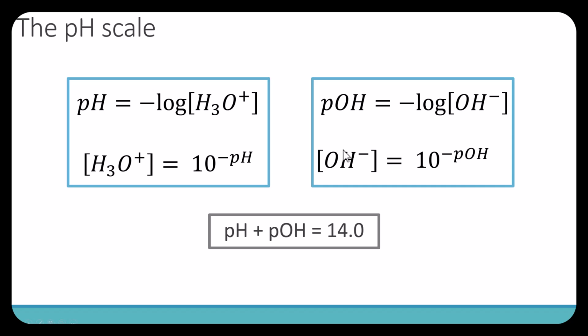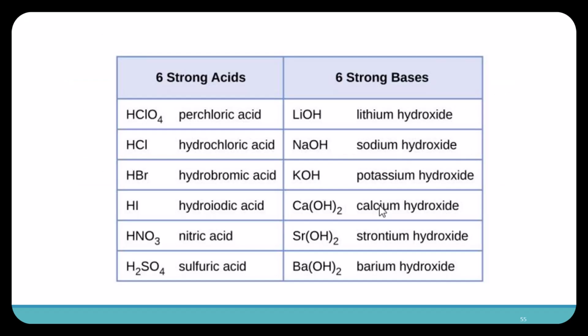Same statement. Hydroxide concentration is 10 to the negative pOH. So that's kind of the same relationship there. And then we've utilized this one before, pH plus pOH equals 14. So this concludes the section on strong acids and strong bases, determining the pH or pOH.